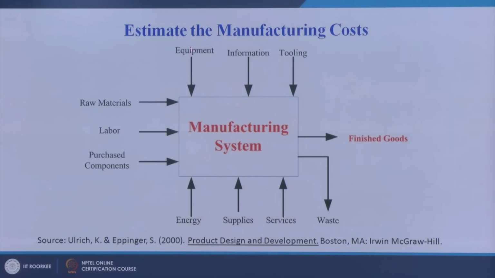Now you have equipment going into the system, information, tools, energy, supplies, services, raw material, labor, purchased components, everything going into the system is an input and everything will entail some amount of cost. So this is the cost that goes into the system and it comes out in the form of the finished goods. And there will also be certain waste, or rejected or discarded goods.